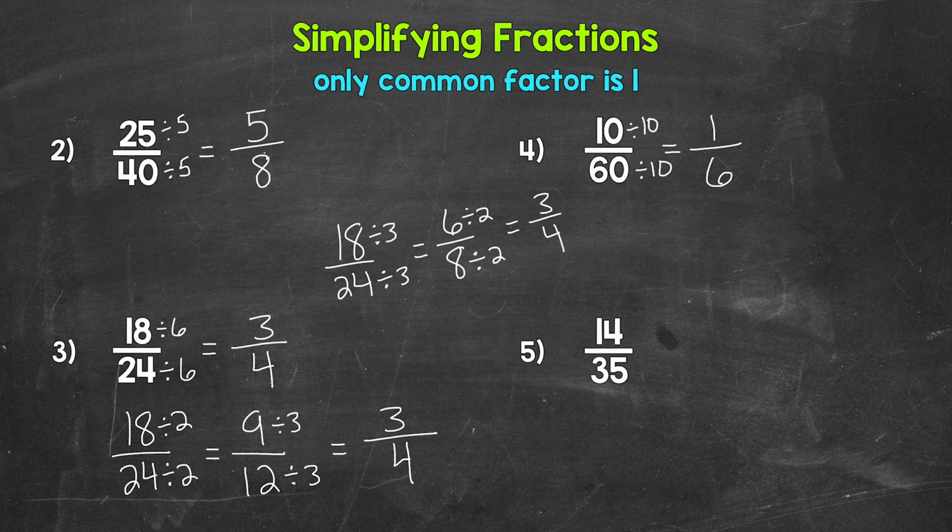Yes, 7. 7 is a common factor, and it happens to be the greatest common factor. So let's divide both 14 and 35 by 7. 14 divided by 7 gives us 2, and 35 divided by 7 gives us 5. So we end up with 2/5. The only common factor between 2 and 5 is 1, so we are done.